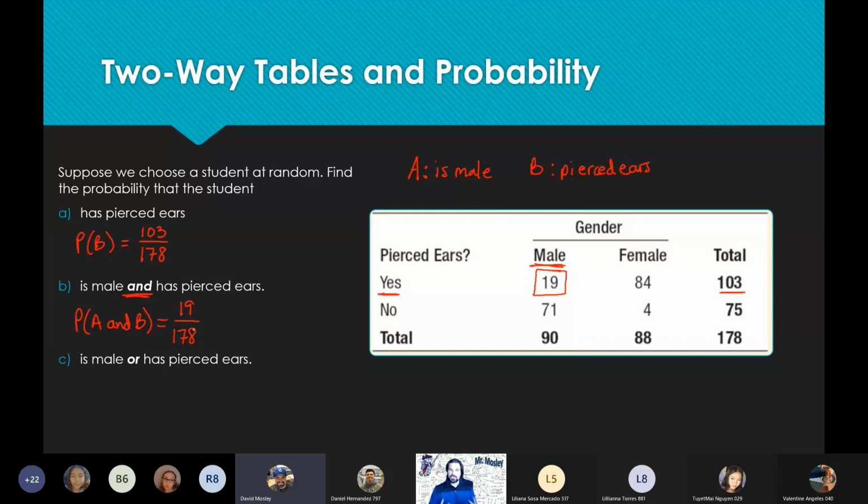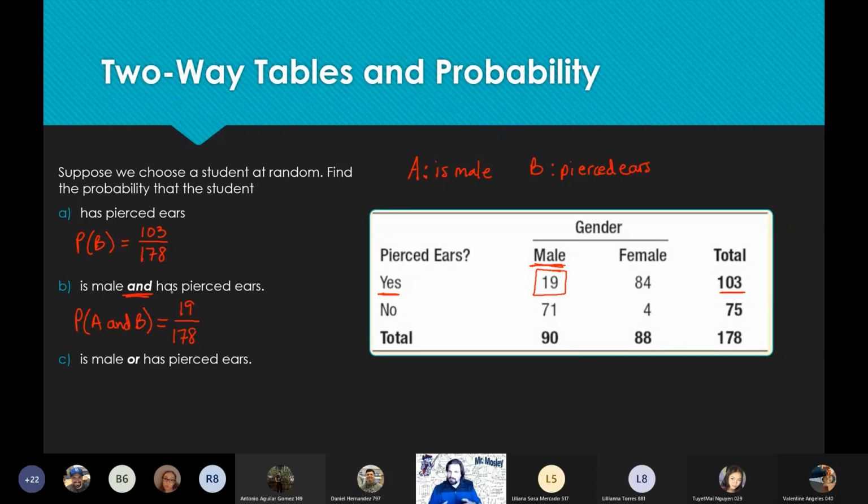Do you guys have any questions so far? Excuse me. Can you describe the difference with and or again? Because I kind of forgot. Yes, I can. And there'll be several other examples of that today, so this is a good thing to stress.